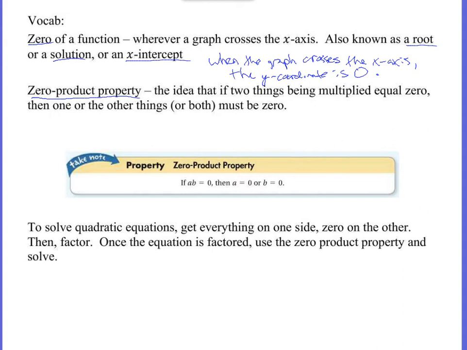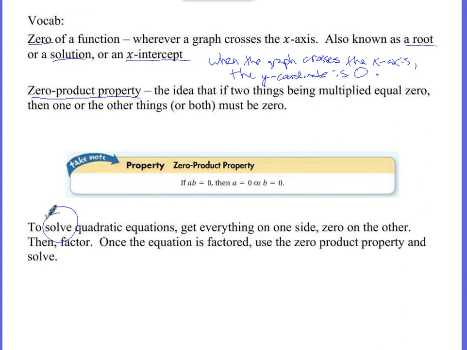The zero product property is written out right here, so that would be the third time you've seen it now. And then to solve quadratic equations, get everything on one side. To solve, to find the solution, means to get everything on one side of the equal sign, get 0 on the other side of the equal sign, then factor.